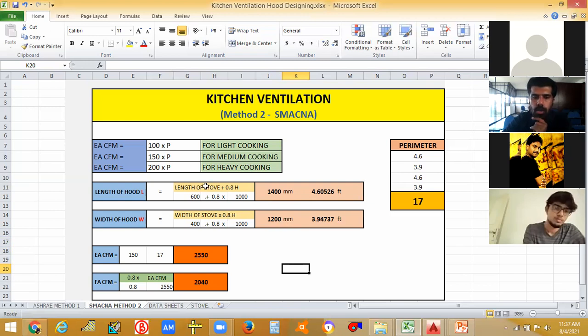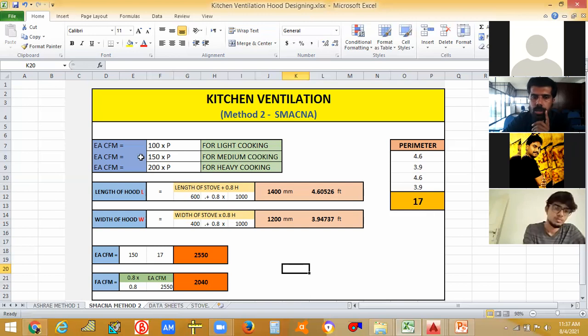Now we have to find the CFM. To find the CFM, we multiply this value with the perimeter. We know that the perimeter is the sum of all the sides, so we added all those and got 17 feet as the perimeter.